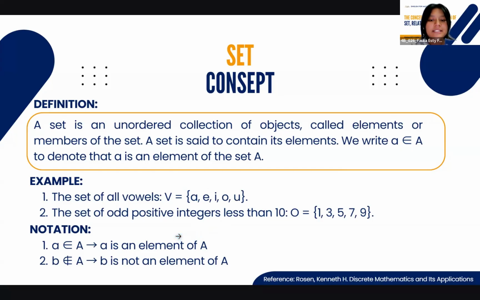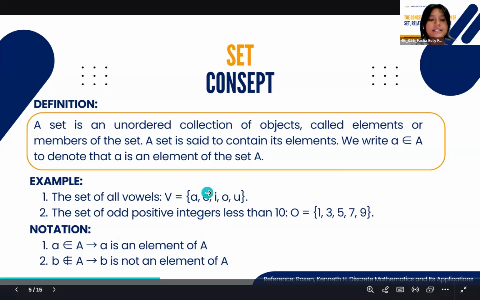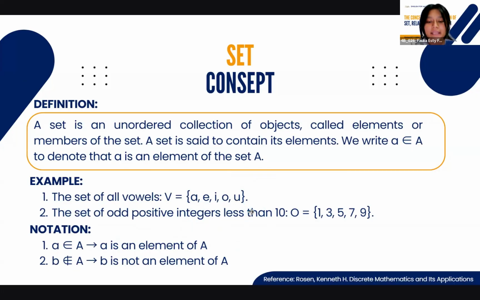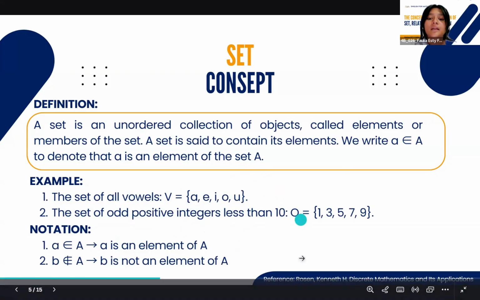Now, let's look at some examples. First example: the set of vowels is V = {a, e, i, o, u}. Second example: the set of odd positive integers less than 10 is O = {1, 3, 5, 7, 9}.